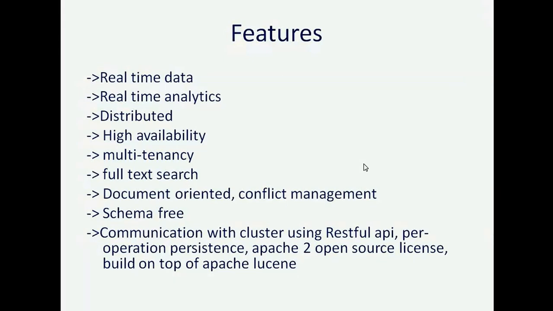It means that it replicates all the data across multiple servers, and it is multi-tenant. As we said, it is a full text search engine, and more specifically it is schema free. It means that we can store text, or a book, or any story, anything. And for communication, we can talk with the server using a RESTful API.